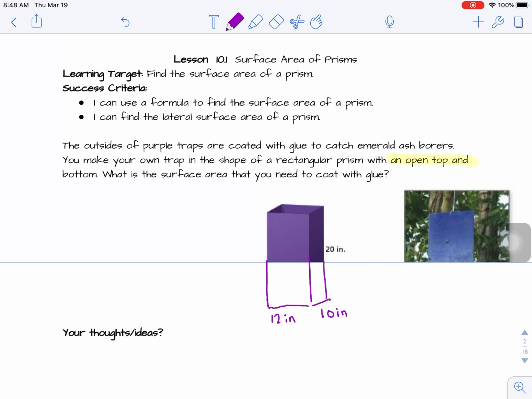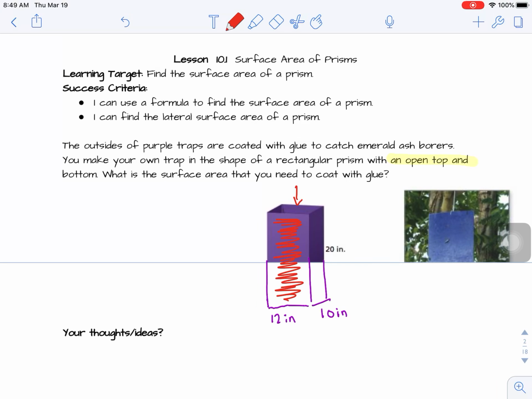If we wanted to find the surface area of the prism, notice that it says it has an open top and bottom. You can see right here that's open, so it's not closed. So we just want to find the surface area of this side that I'm shading in red.